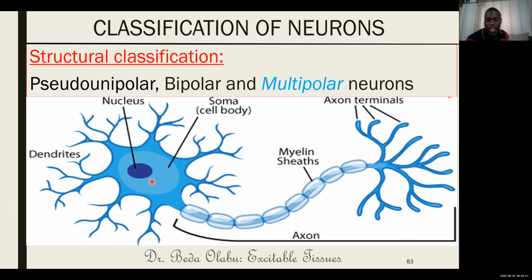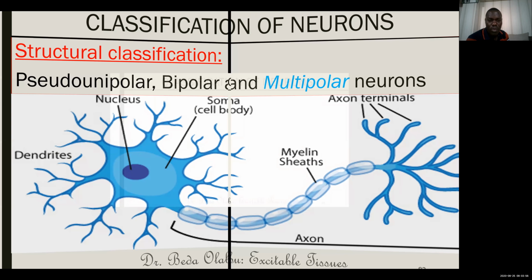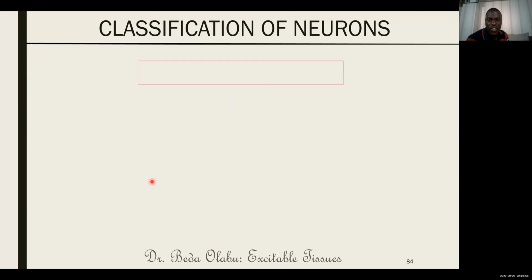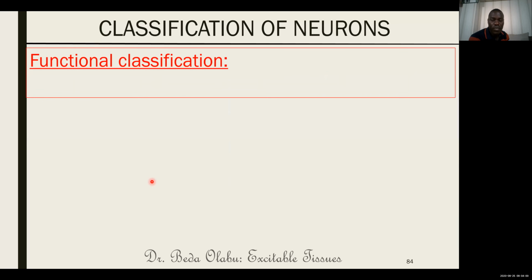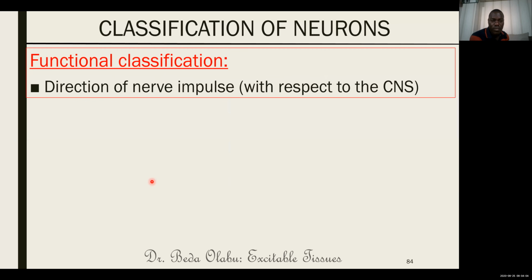So this is the structural classification of neurons. How about the functional classification of neurons? Functionally, we classify neurons based on the direction of the nerve impulses. Now, this direction is with respect to the central nervous system.